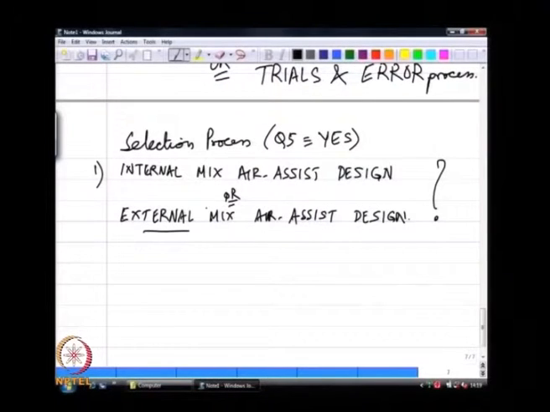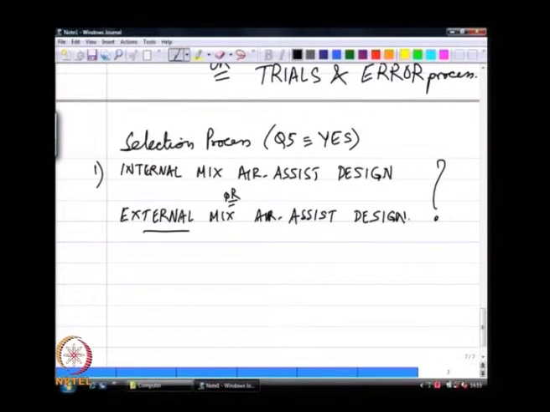The selection process for an air assist design starts with selecting the appropriate simplex core in the form of the flow number, in the form of a cone angle, etc., and then you can use a similar calculation on the air side, based on the spray cone angle that you want, to choose the equivalent air assist design.